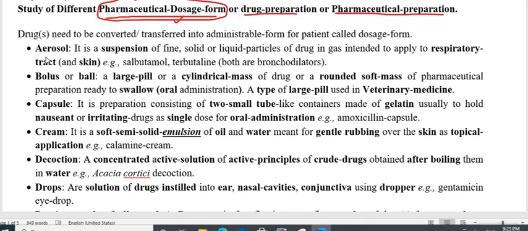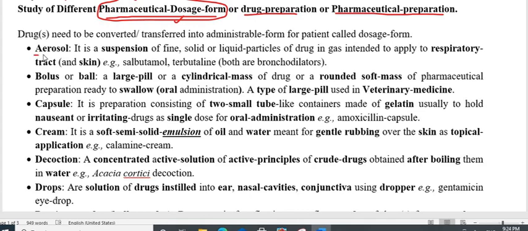If you go through all the name of the different dosage form, you will find the various dosage form. You are aware about that, and I think you also are aware about the terminology that is used as a dosage form. See here aerosol.